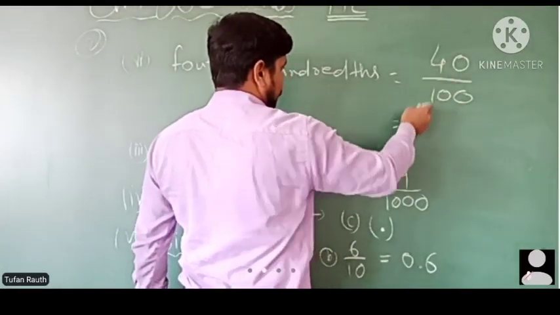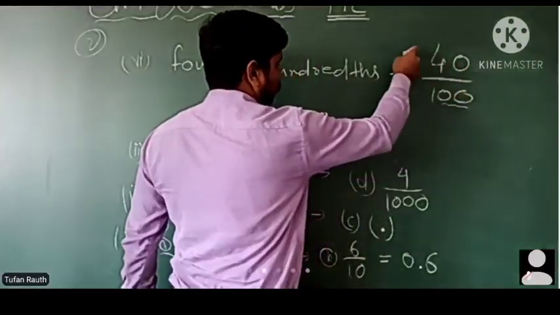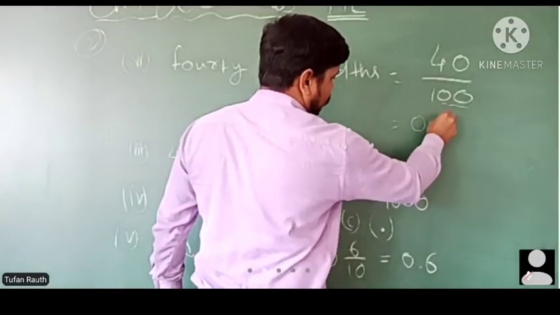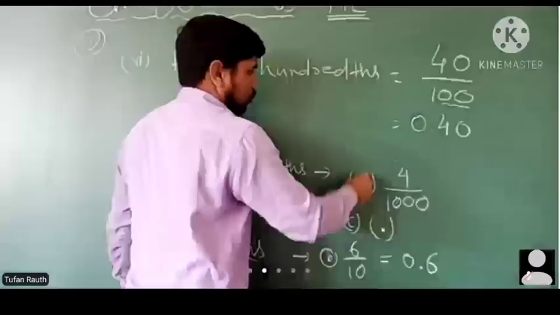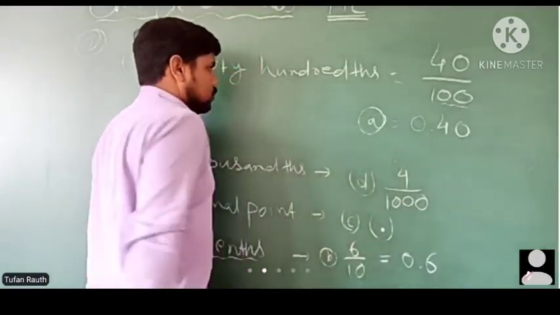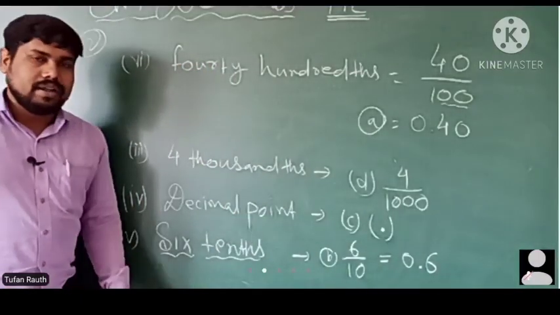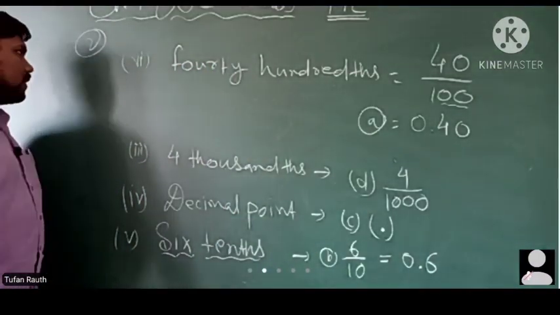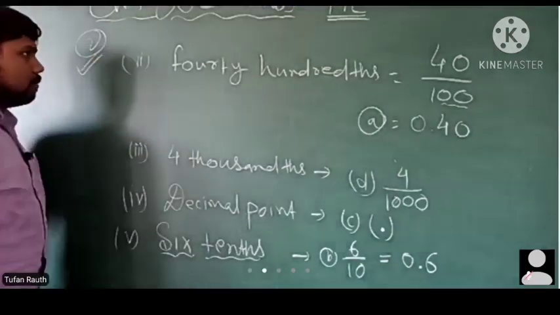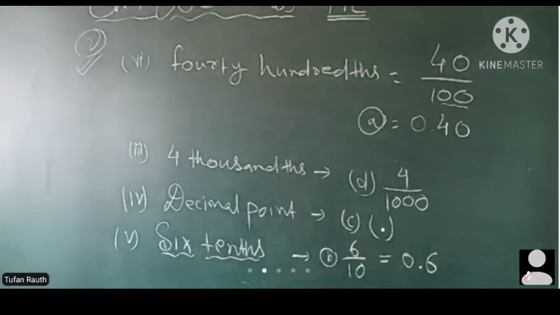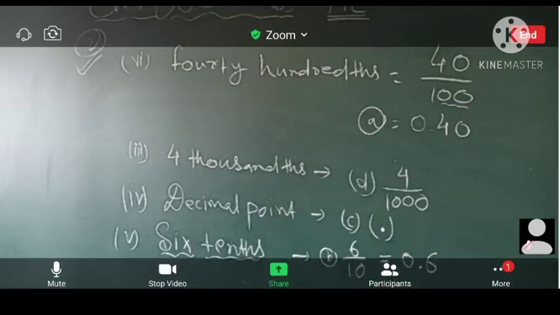Before the 2 digits, we put the decimal point, so it will be 0.40, which is option A. So this will be matched with option A, right? So this is how you can do the second question of the miscellaneous exercise. This is how we can do it, okay?